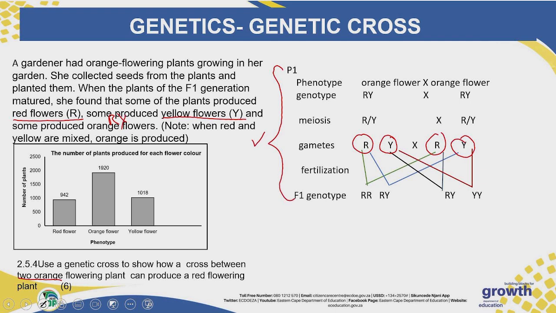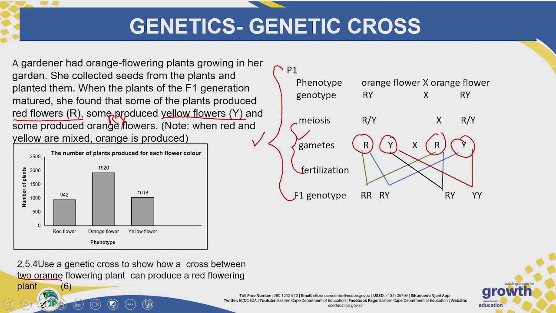If you give us meiosis and fertilization, that is another mark. But they must go in the correct sequence, you can't have fertilization before meiosis, because meiosis must take place, and then the gametes are formed, and then fertilization. So all the learners should get those 2 marks there.